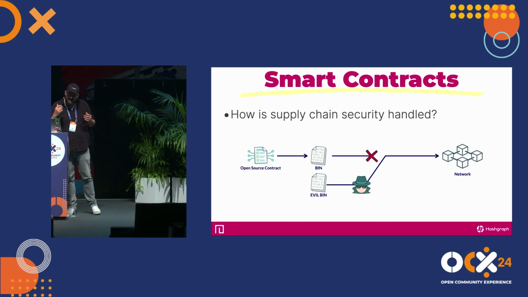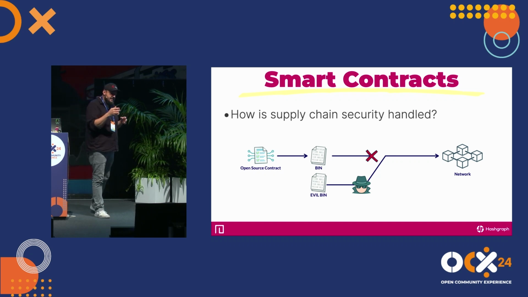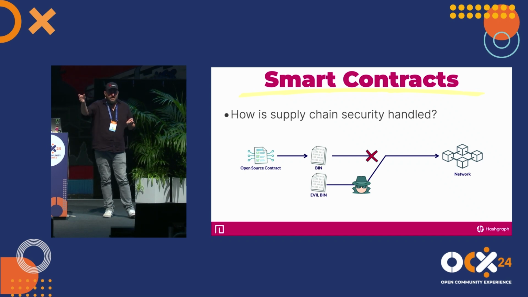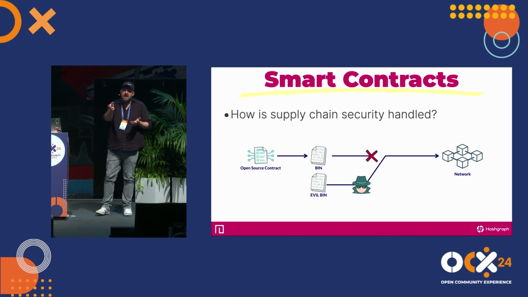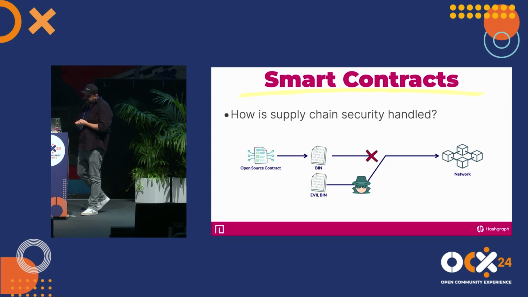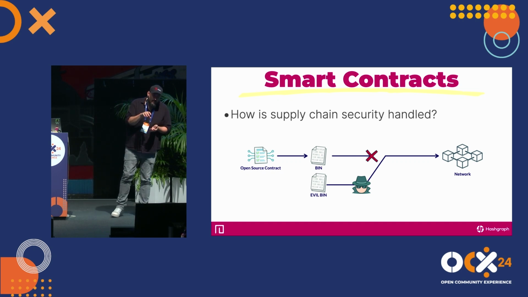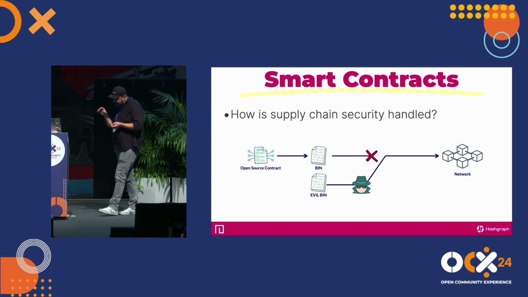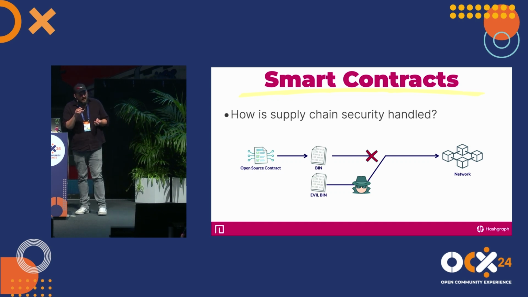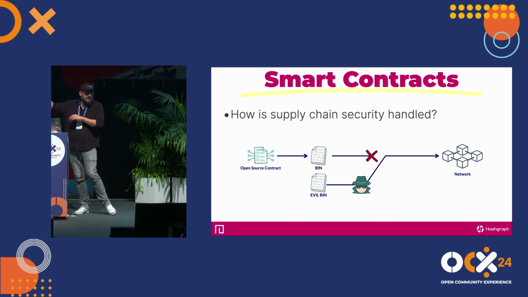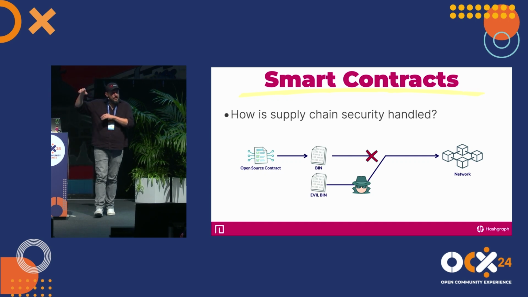So that you maybe just at deployment time deployed an evil binary instead of the binary that would come out when you compile the contract. And here one important thing is reproducible builds, because whenever you compile a smart contract, you get a binary that is then executed in the virtual machine in the network.